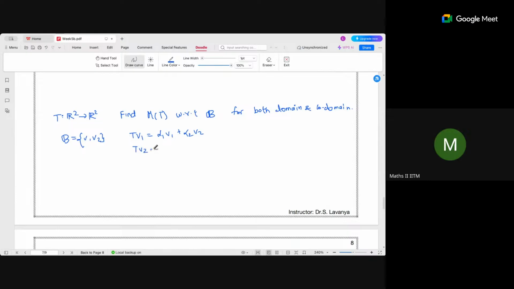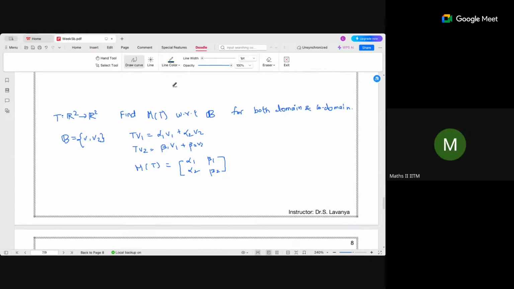Similarly, T V2, I can write it as, let's say, beta 1 V1 and beta 2 V2. Now, what is the matrix I need to find? The matrix I need to find is simply alpha 1, alpha 2, beta 1, beta 2. This is the way you find the matrix with respect to the same basis for both domain and codomain.